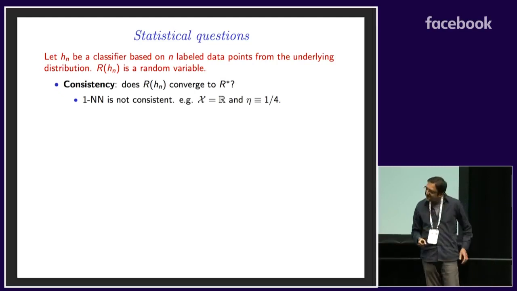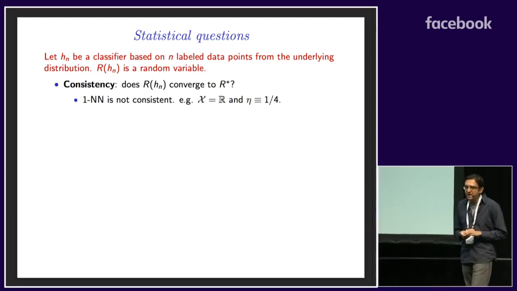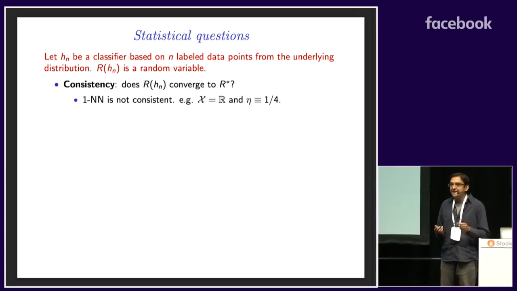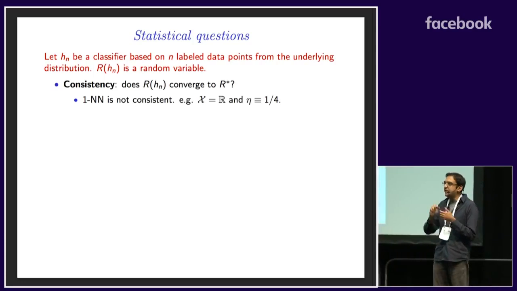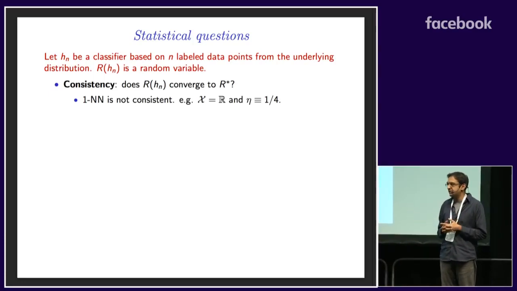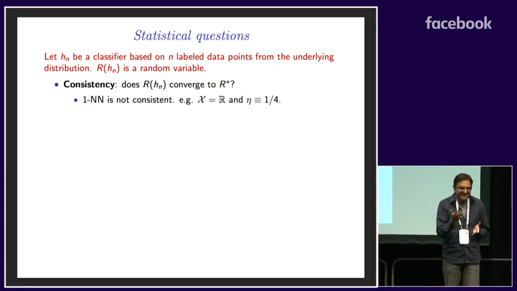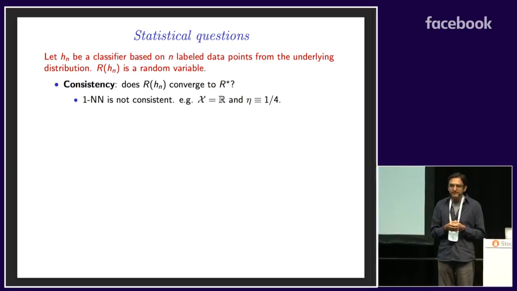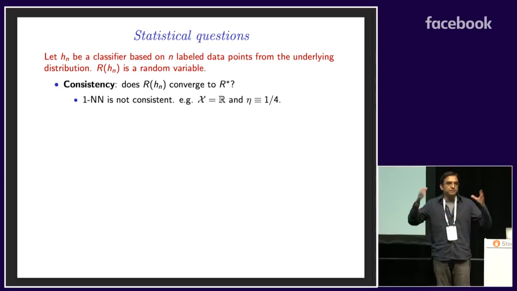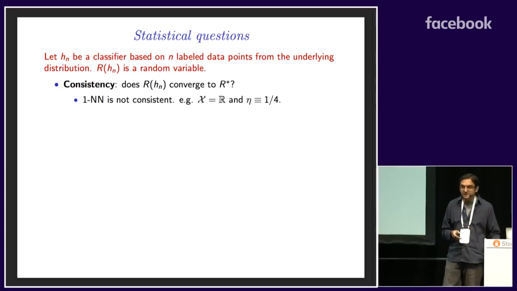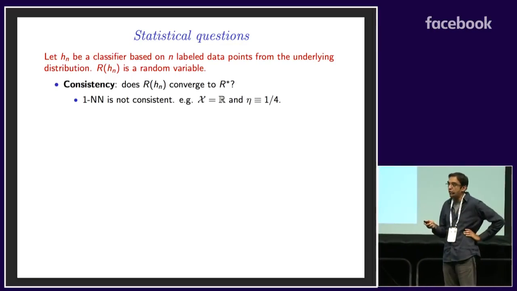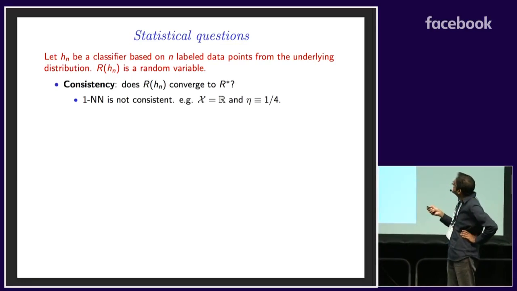So one of the questions that we can afford to ask about a non-parametric method is whether it converges to the optimal possible error. Obviously this is not something we can expect of a linear classifier or something like that. But when we have a non-parametric method, one that has a potentially unbounded number of parameters, there's the possibility that it will be able to fit any decision boundary no matter what. And that's called consistency.